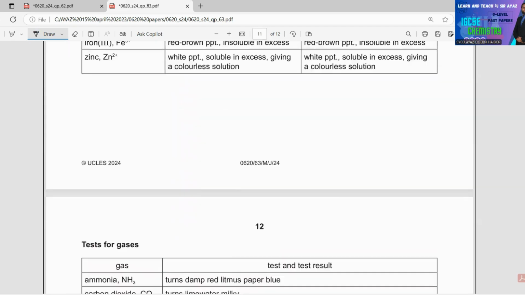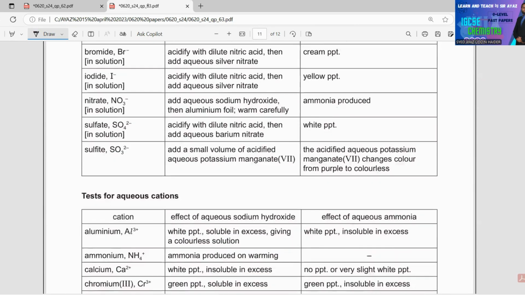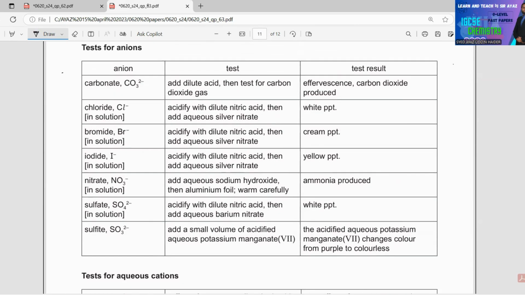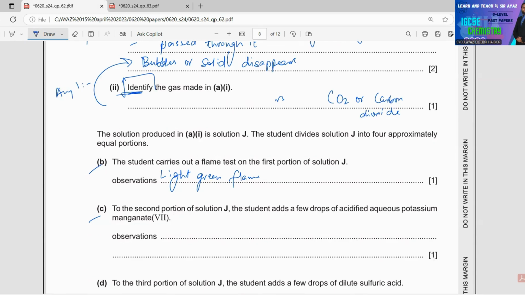We are not getting any sulfur dioxide gas or sulfite ion here. So you will write the observation: solution becomes pink or pale purple due to the color of potassium manganate 7.